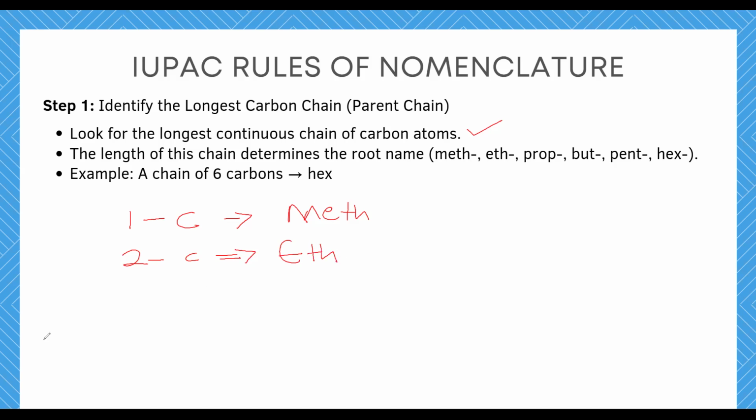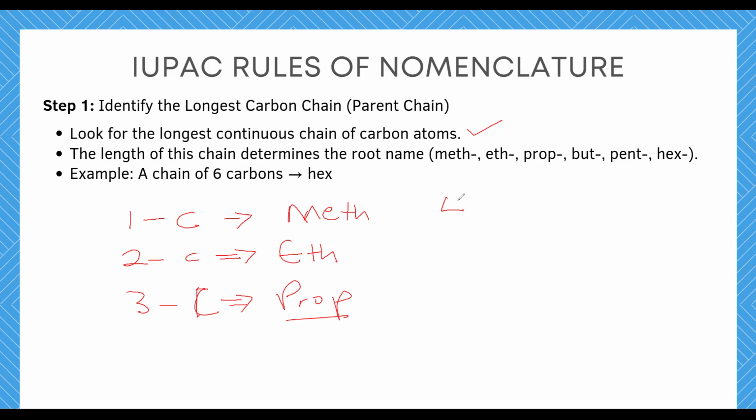Are you there? Yes, sir. Beautiful. When you have a carbon chain that contains three carbon atoms, you use the root name PROP. Can you pronounce this for me? Prop. Good, prop.